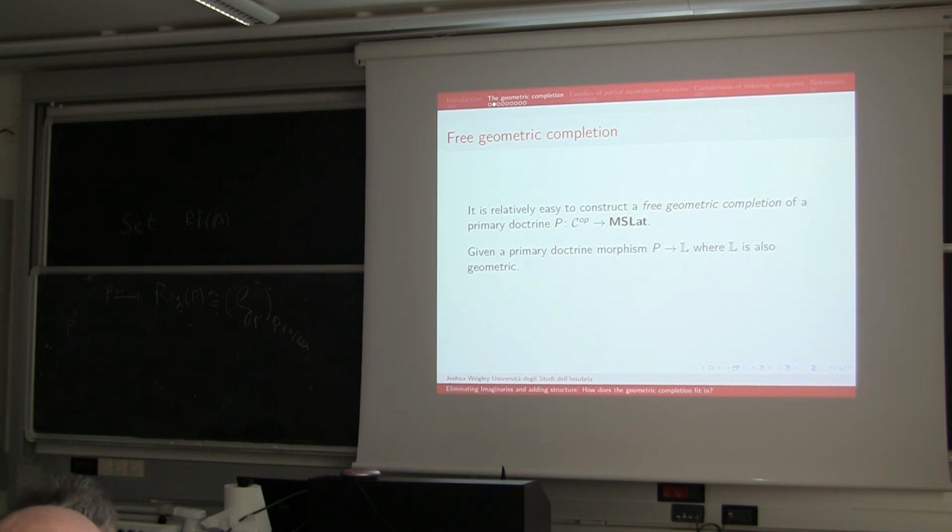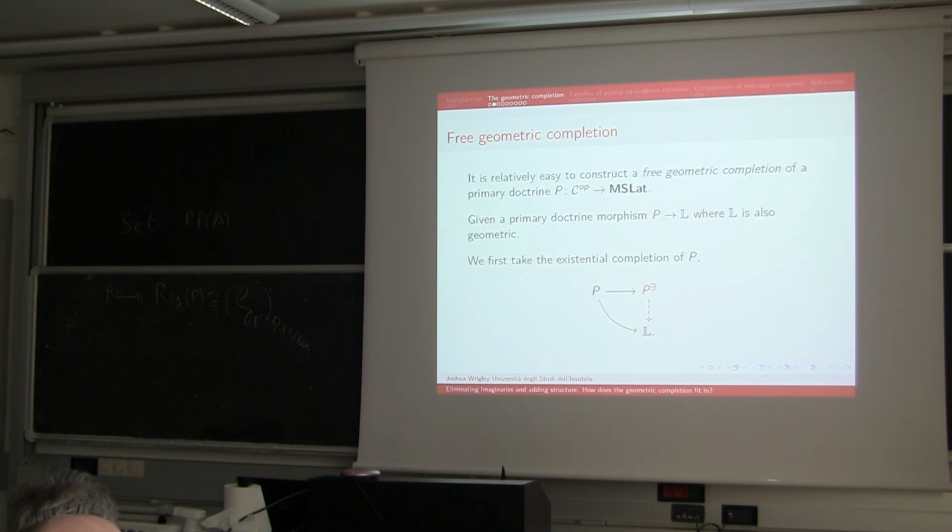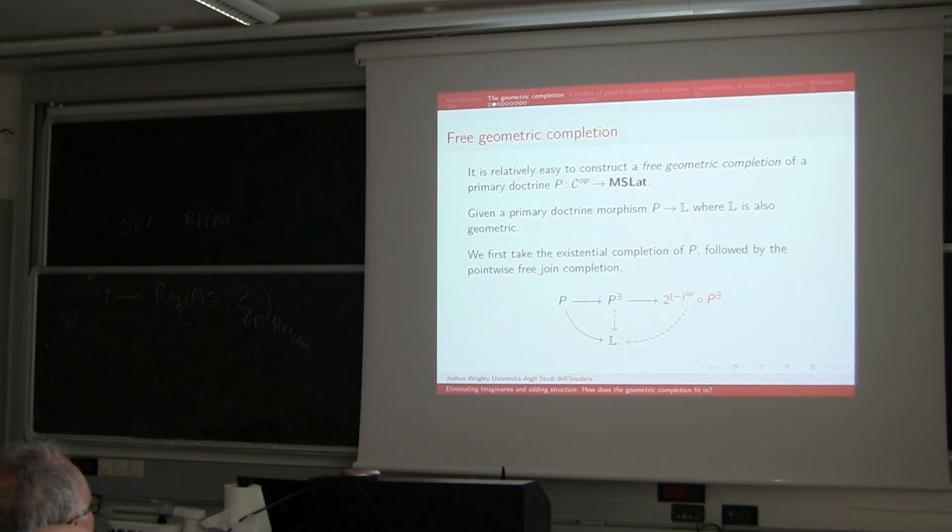If we've got a full primary doctrine and a doctrine morphism to a geometric doctrine, then first we can take the existential completion, and this extends it to regular logic, and then we can apply the pointwise completion, so we can freely add joins to all of our fibers, and this gives us a free geometric completion satisfying the universal property that we would desire.